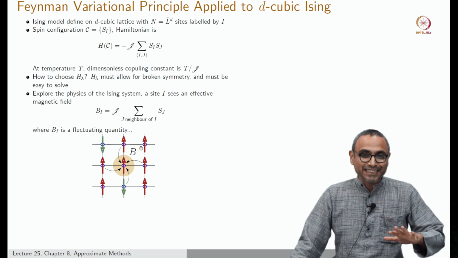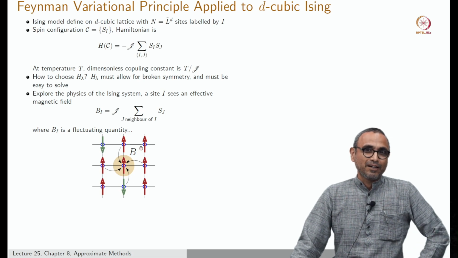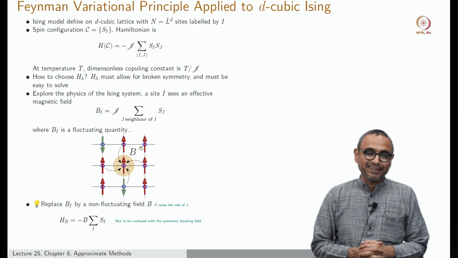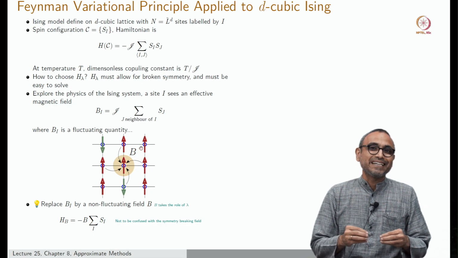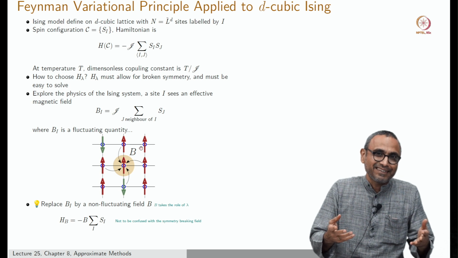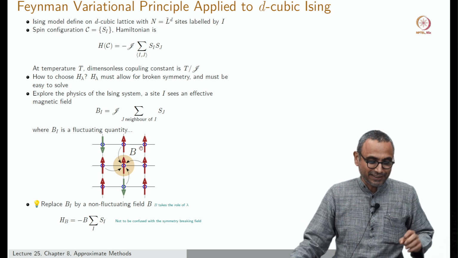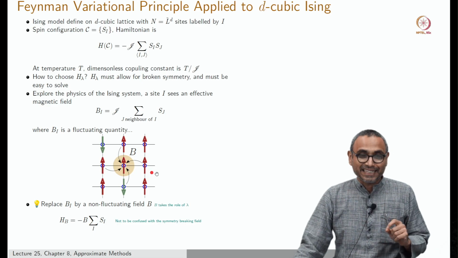So based on this discussion, what I am going to say my H lambda is, is I am going to imagine a set of uncoupled spins which are sitting on the sites. There is a spin sitting at every site.